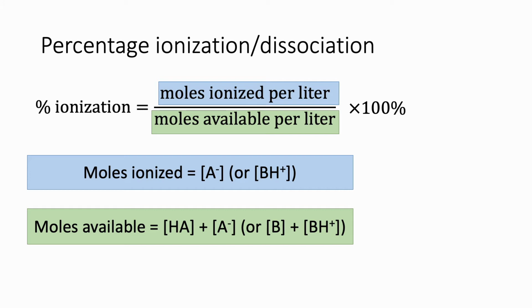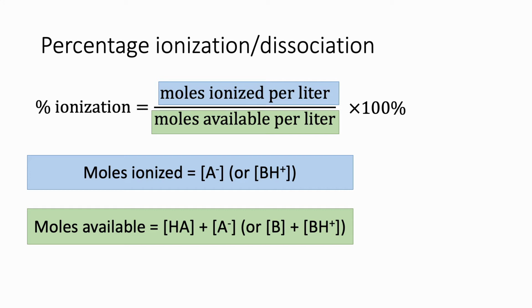And there's two ways to think about this. The first is to say, how much HA and A minus do I have in my acid solution? Because HA can turn into A minus or vice versa. So that's how many moles of acid there are, right? If you're dealing with the base, it'll be the base and its conjugate acid. So add those concentrations up.